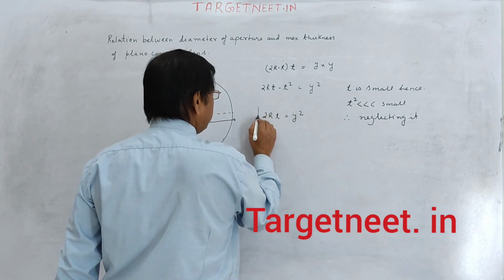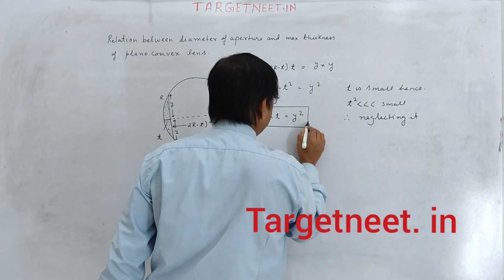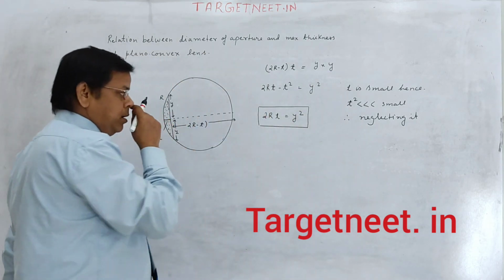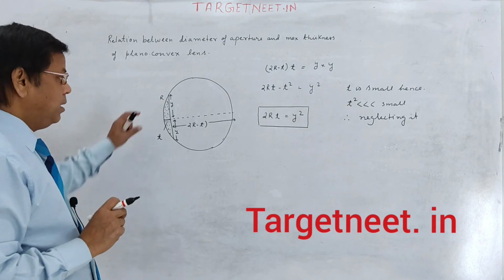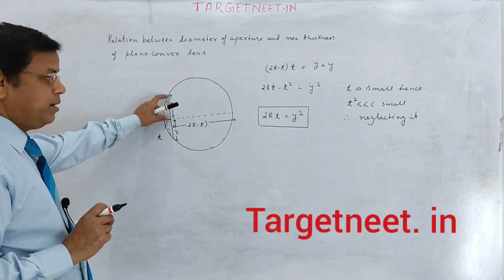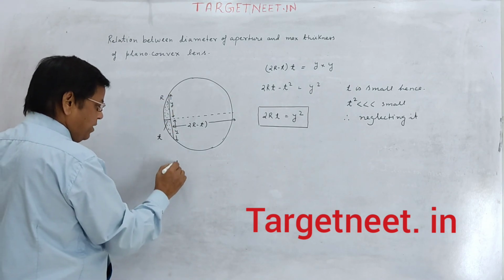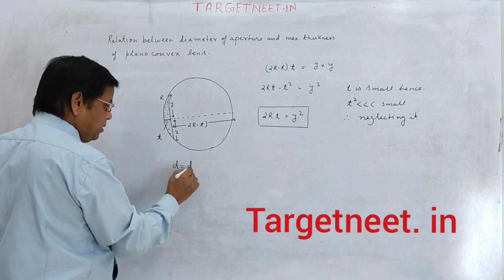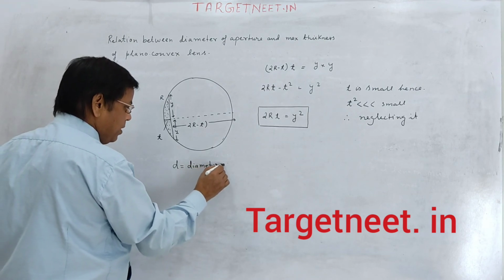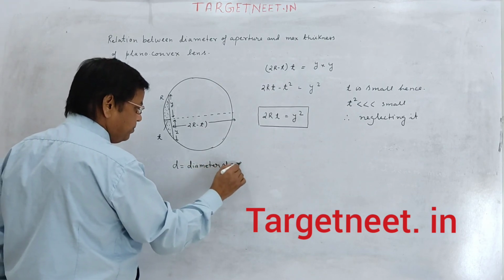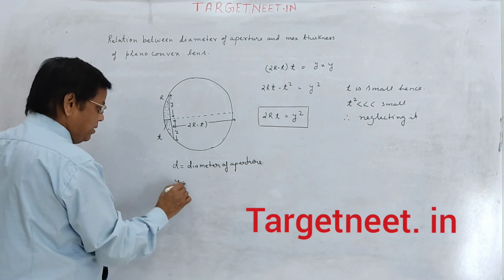So this is a relation between radius of curvature, maximum thickness and diameter of aperture. This is half of diameter of aperture. So if you take diameter of aperture of lens as D, then y is D by 2.